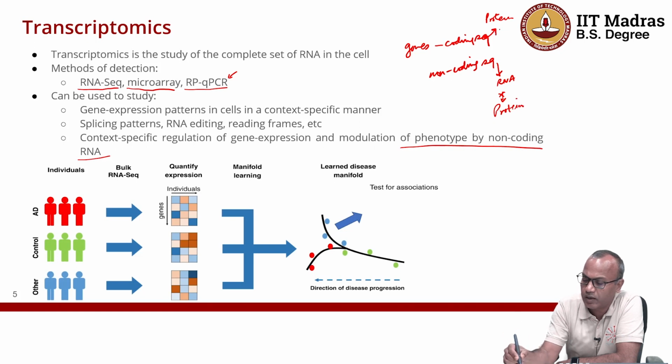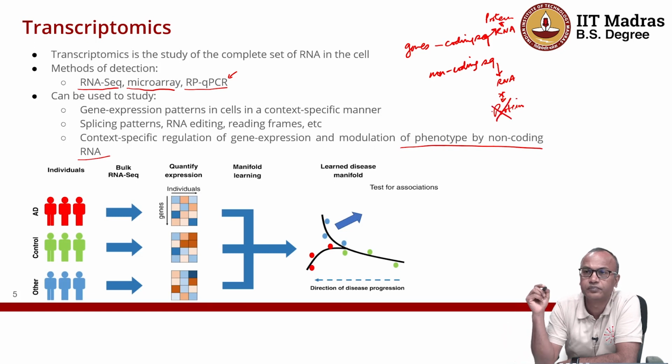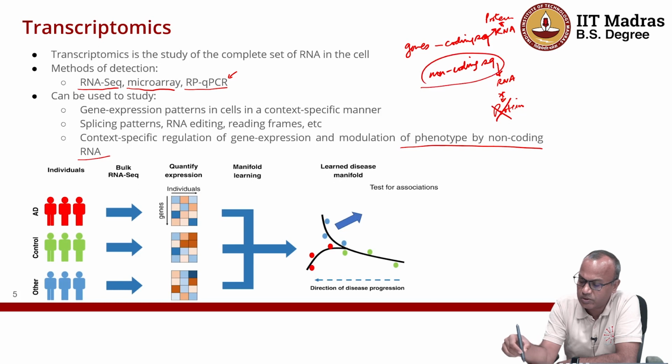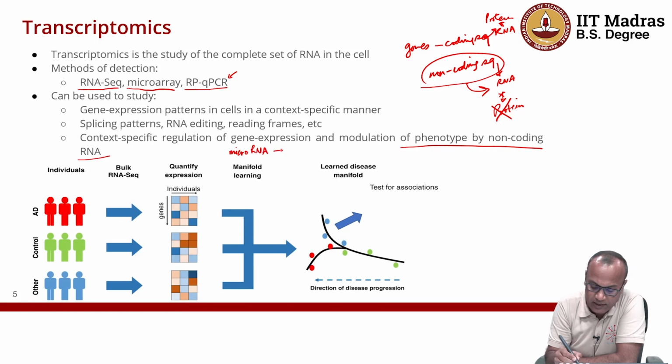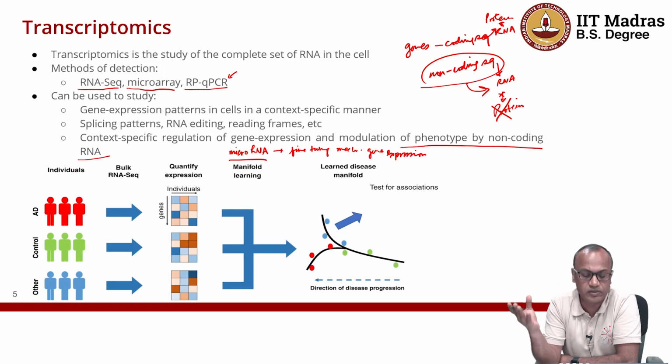So this will be RNA and then protein, and here there will be no protein. But non-coding sequences produce RNA, and that RNA has functions. One of the more famous RNA molecules is called microRNA, which acts as a fine tuning mechanism of gene expression. So microRNA is one of the non-coding RNAs which you can now determine using transcriptomics.